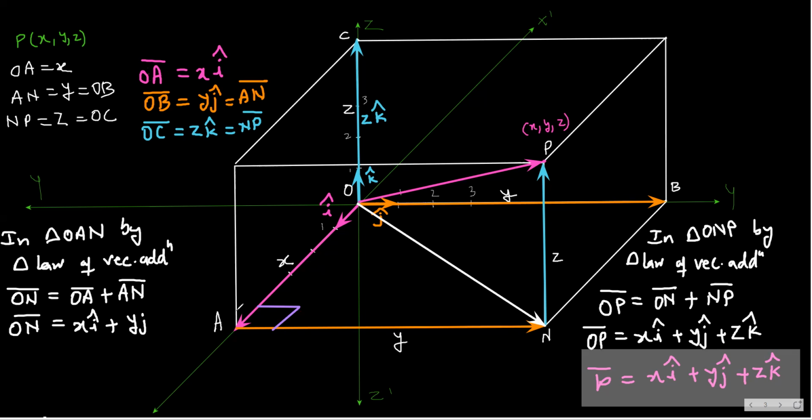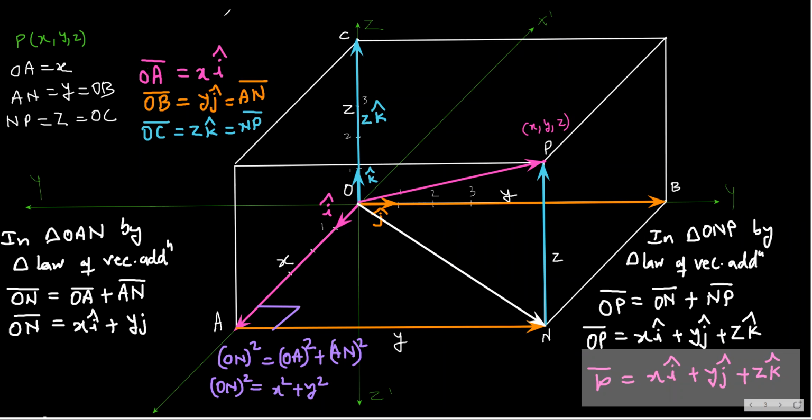So I get here ON square equals OA square plus AN square. Okay, so I got here ON square as x square plus y square. Got it? Yeah. Now next.